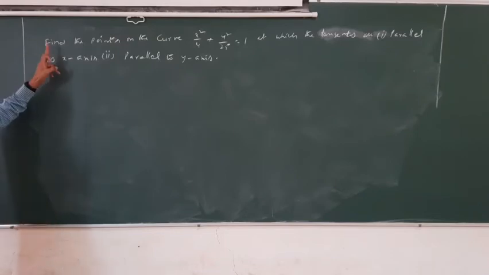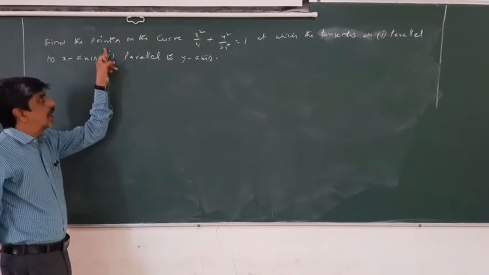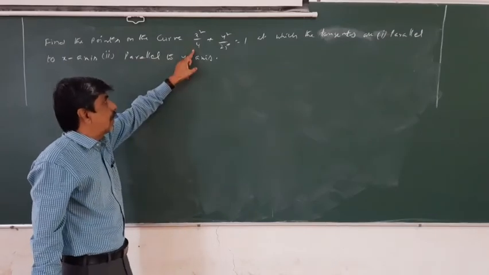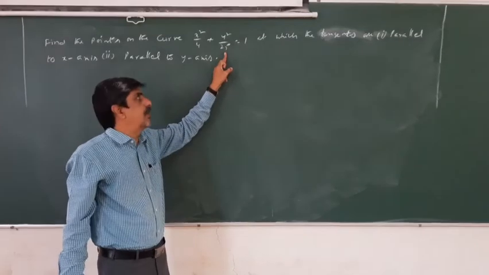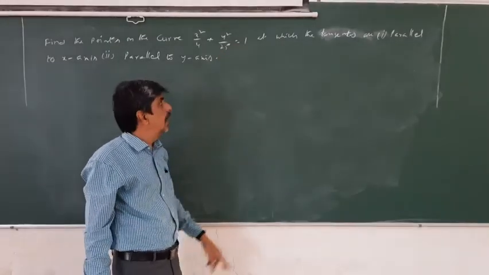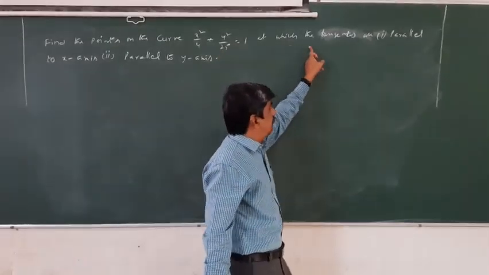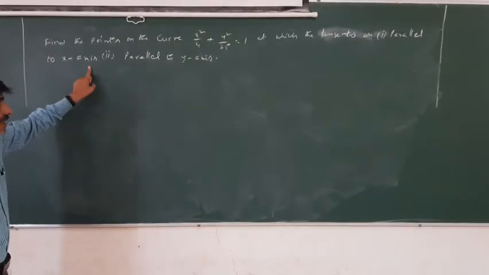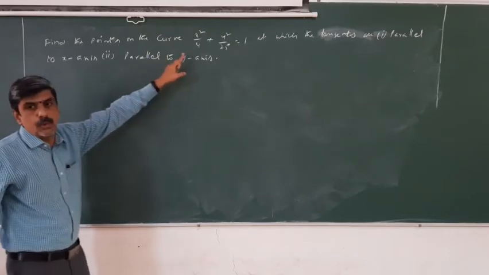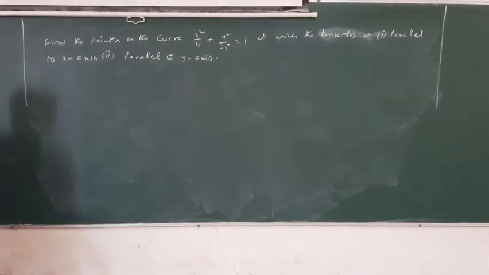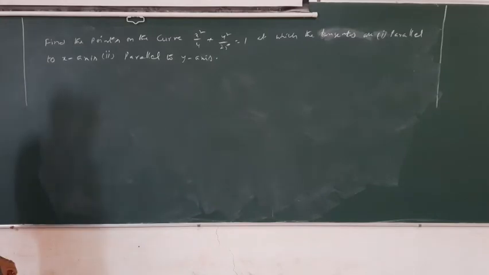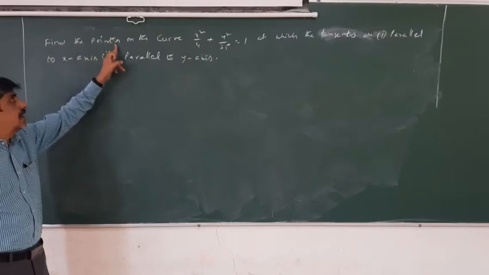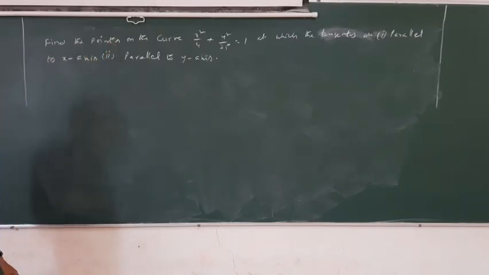Next number, find the points on the curve x square by 4 plus y square by 25 is equal to 1, at which the tangents are parallel to x-axis, parallel to y-axis. So tangents are parallel to x-axis, tangents are parallel to y-axis means such points I am taking x1.